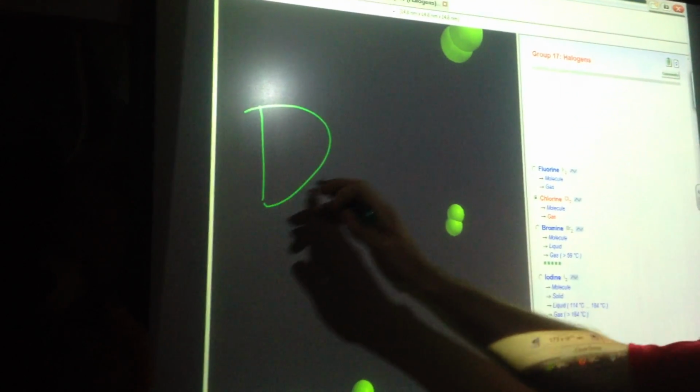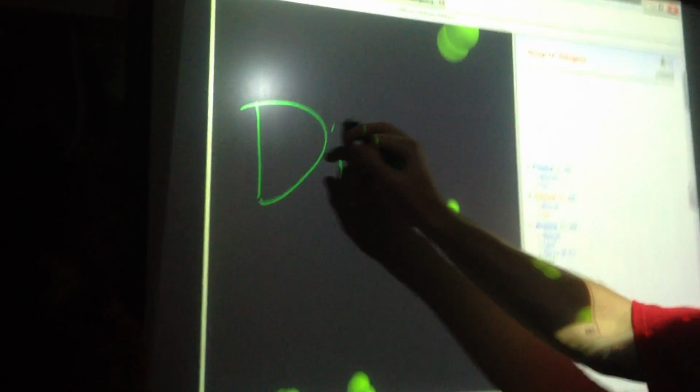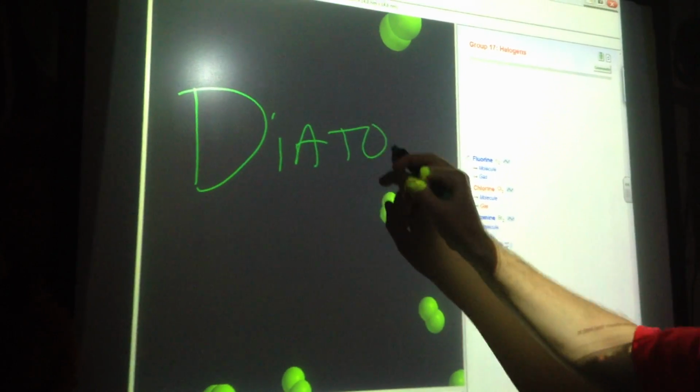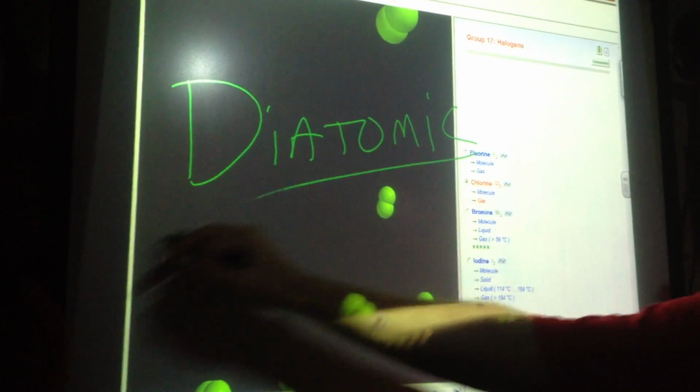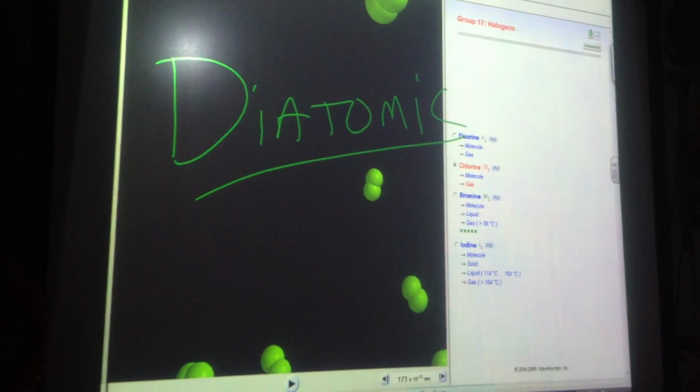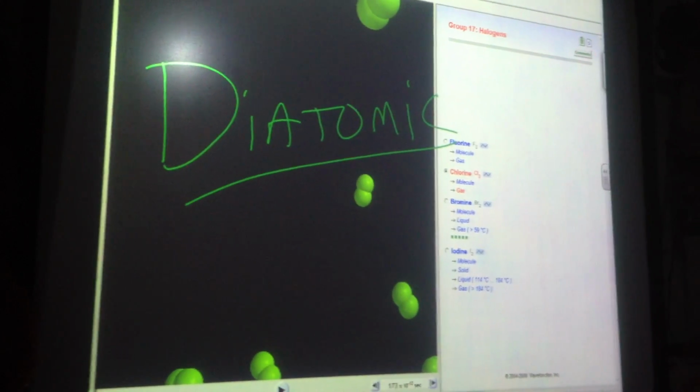Now, there's a word for pairs that we should probably know, and the word for pairs of atoms, as might make sense after I write it, is diatomic. Pairs of atoms are diatomic. They have two atoms. They come in pairs.